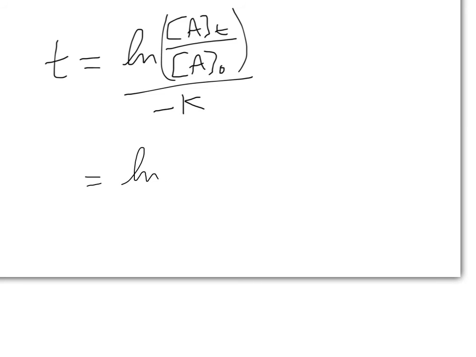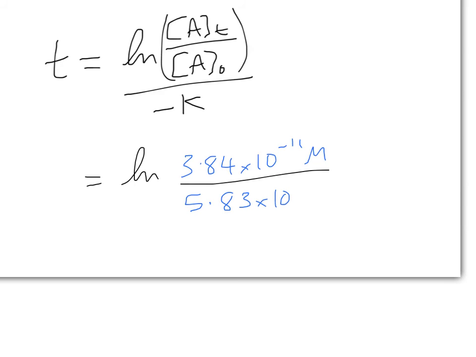So it's the natural logarithm of the final concentration of carbon-14, and that is 3.84 times 10 to the minus 11 moles per liter. Tiny, tiny concentrations, huh? We divide that by the original concentration, so living organisms have a concentration that's about 5.83 times 10 to the minus 11 moles per liter.